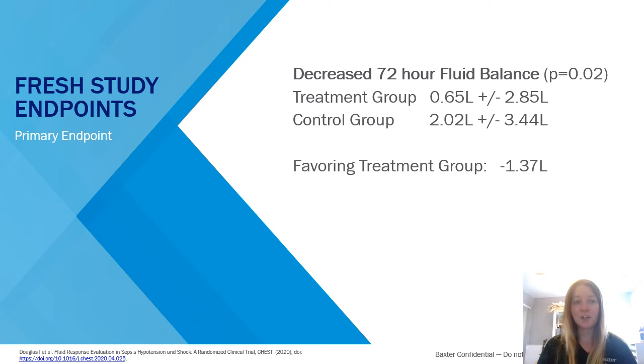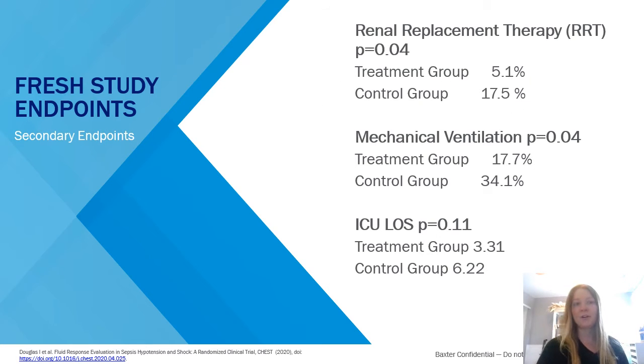So the FRESH primary endpoint was to show the fluid balance, which did favor the treatment group. There was 1.37 liters less on I's and O's after 72 hours. As far as the secondary endpoints, FRESH looked at renal replacement therapy, which again favored the treatment group.